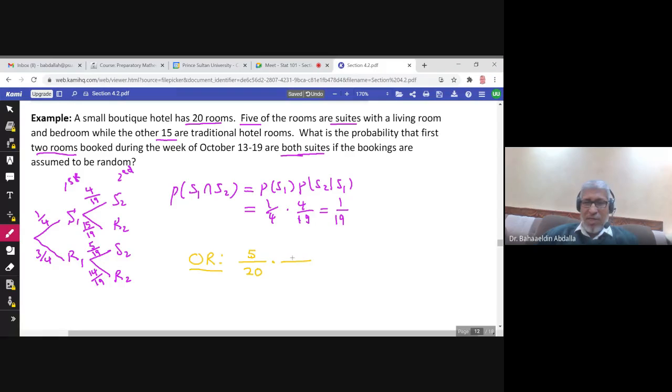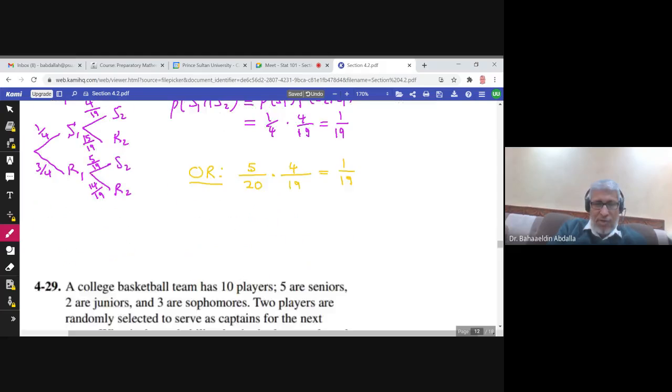What is the probability that the second room is S, given that the first room is S? I still have 19 now because one room has been booked, and 4 because I had 5 and now I have 4. So that's the answer, which is the same answer as this one. The answer would be 1 over 19. If you want to think about it like this quickly, you can get the answer quickly. It's okay. It would be fine.